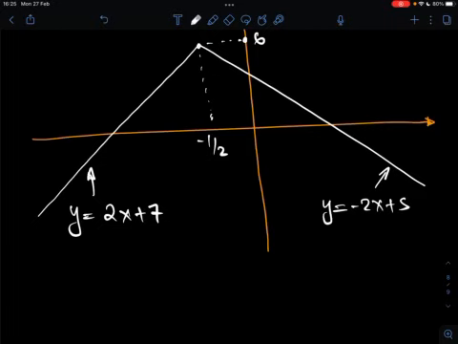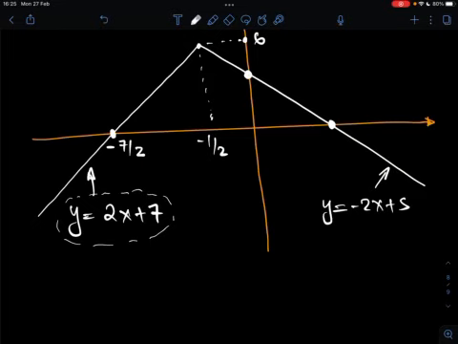Now, knowing the equations, you can easily label all these other points. You see. So to label what this point is, I use my equation, this one, and study it. And I say, what happens when y is 0? So I see that when y is 0, I get negative 7 over 2. So this point is at negative 7 over 2. And then I go to that point, I use the equation on the right.